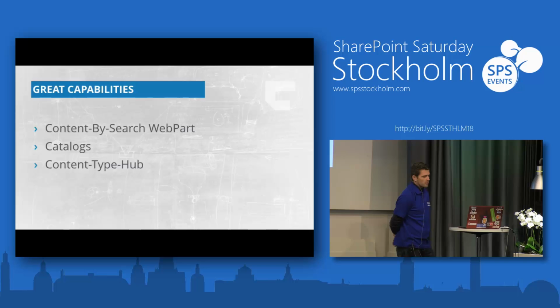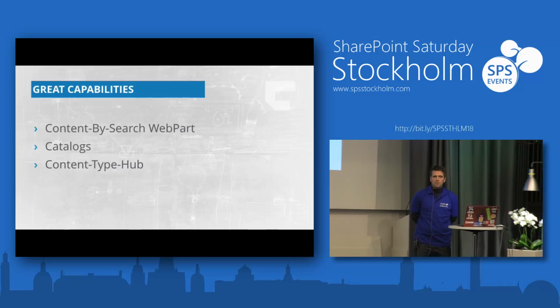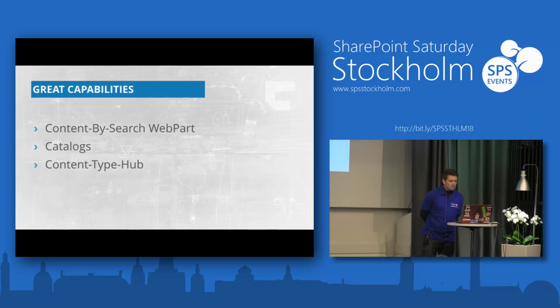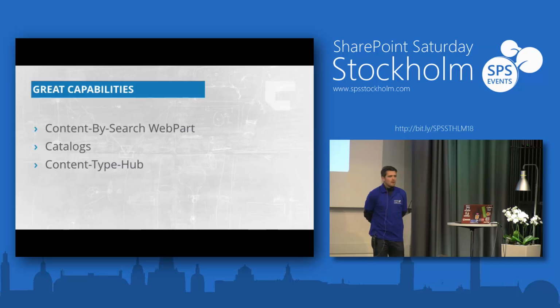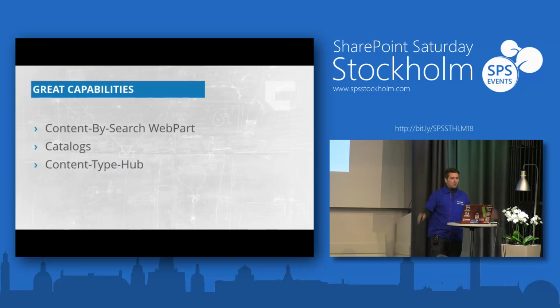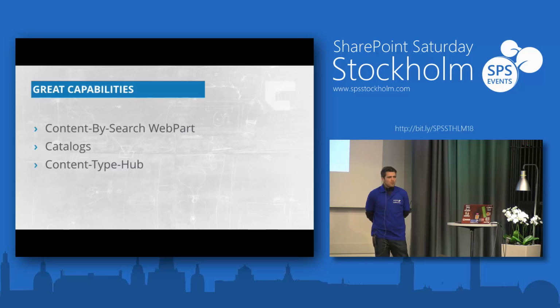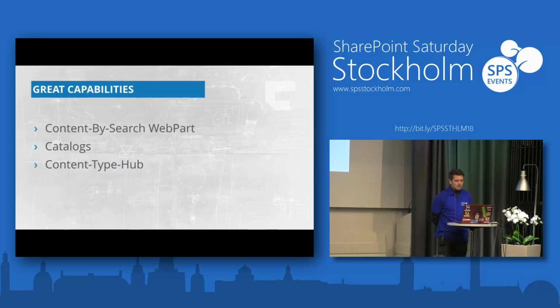We have a customer who has more than 100 public-facing sites, and each site is hosted on a dedicated site collection, and therefore we created one content type hub and are spreading the content types to all these site collections. By using the content type hub, we could ensure that all content types are up to date on all websites, and they are using the latest page layouts in order to get rendered as the customer would like.